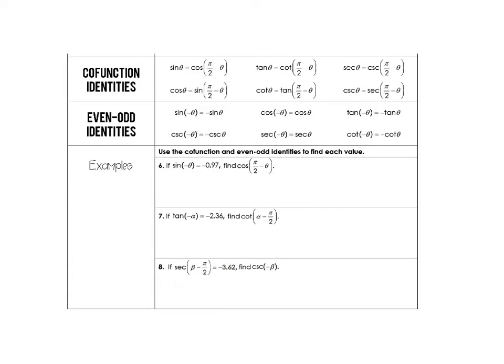Okay, with these problems, we are going to be using our cofunction and even odd identities. And so notice here that we have to find cosine of pi over 2 minus theta. So if we notice up above or even on our reference page, we are told that cosine of pi over 2 minus theta is equal to sine of theta.